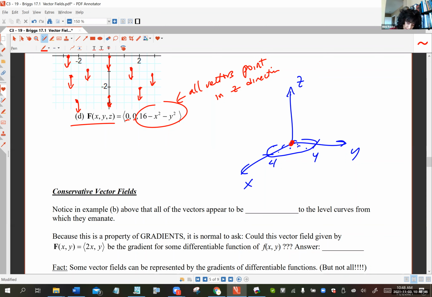The vector corresponding to the origin here is the longest. It's going to be square root of 16, which is 4. And then the vectors, as you get further away from the origin, are going to point up, but they're going to be less. And then if you get further away, they're tinier until you're basically down to nothing.